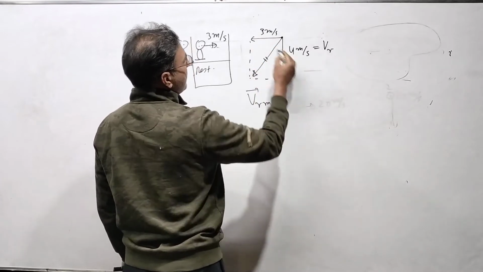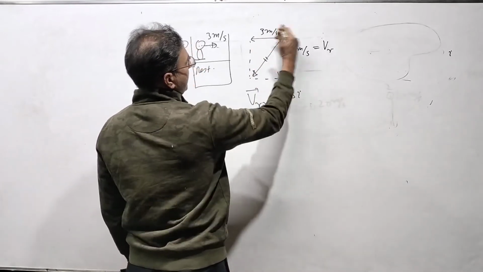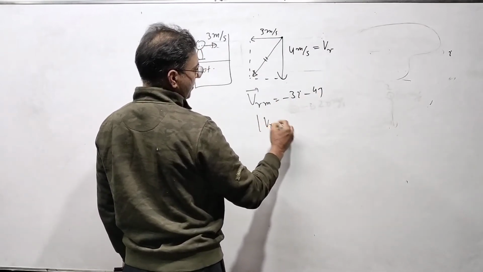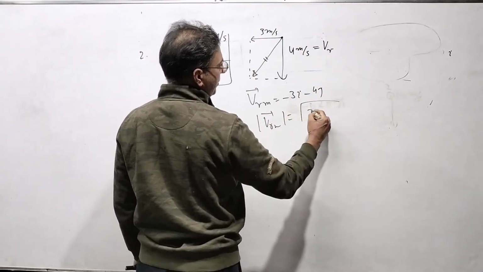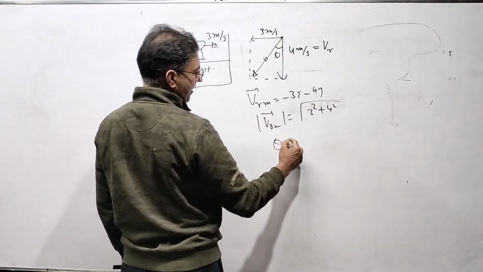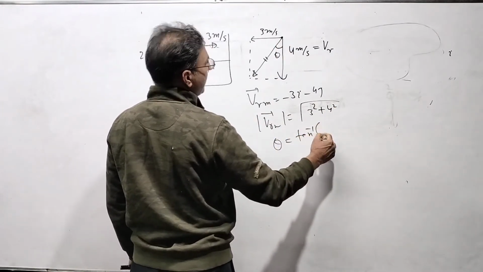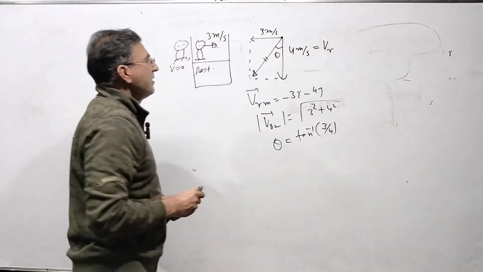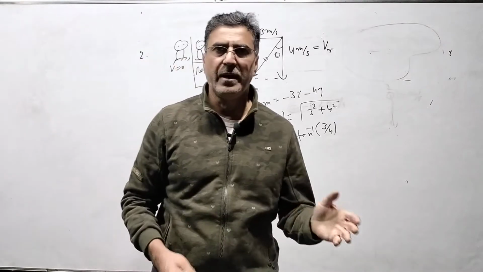Resultant of these two, that is minus 3i and minus 4j. What is the magnitude? That is root of 3 square plus 4 square. What is this angle theta? That is tan inverse of 3 by 4. That's the answer.